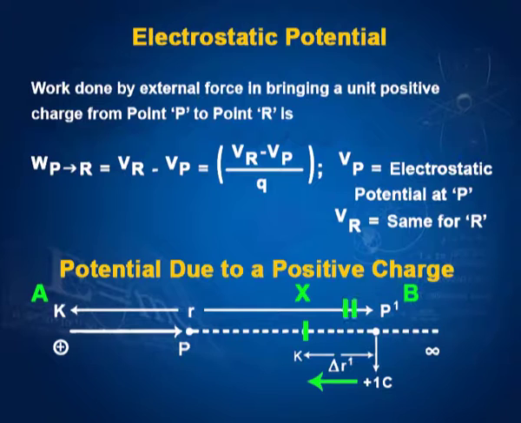So for this much distance, suppose the force applied is F and the distance is delta x. So this is the energy that I am giving to the friend at point P dash, who will come to a certain point x to meet his friend A.